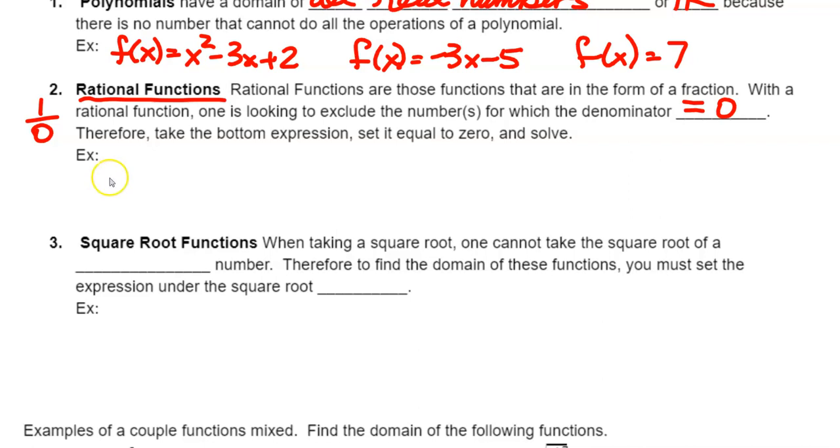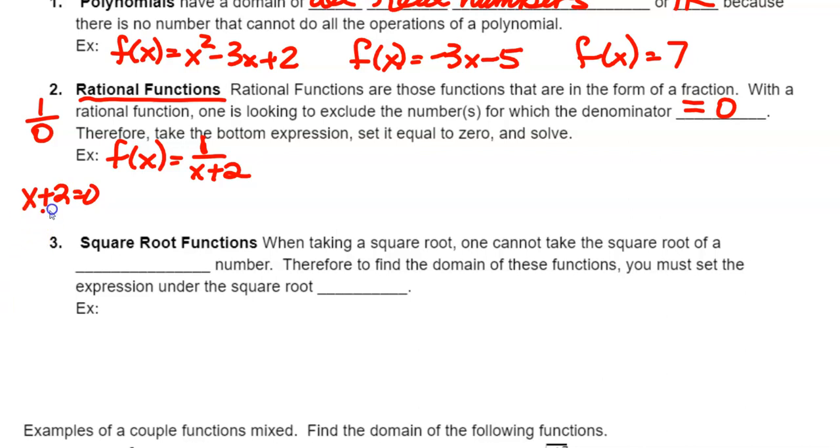So in a case where I have something that looks like f of x equals 1 over x plus 2, I'm going to ask myself, what number can I put in the bottom that when I add 2 gives me 0? Well, you might be thinking, if you need to, go ahead and set that equal to 0 and solve.